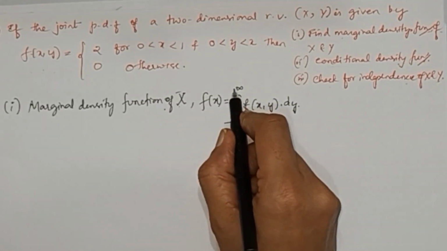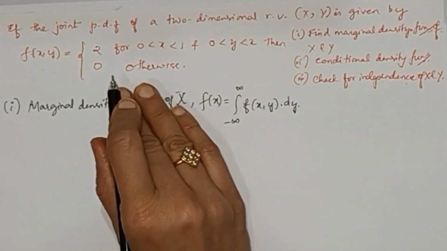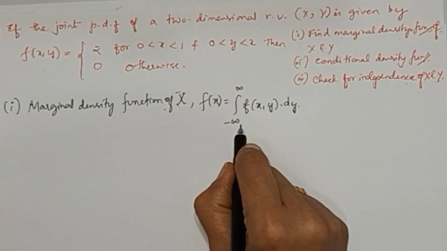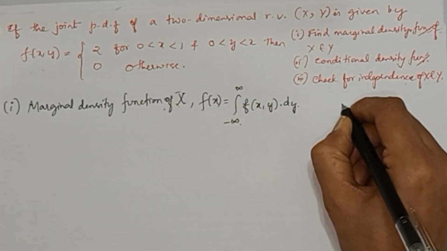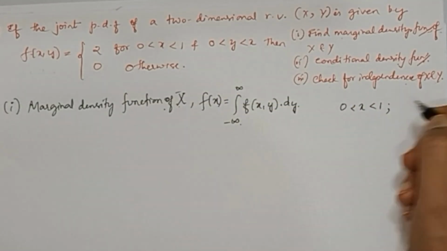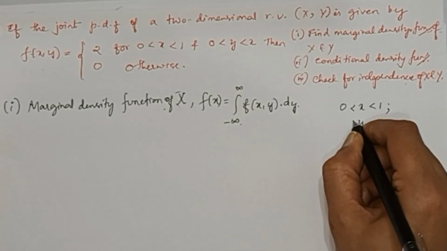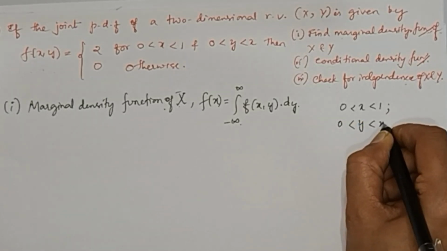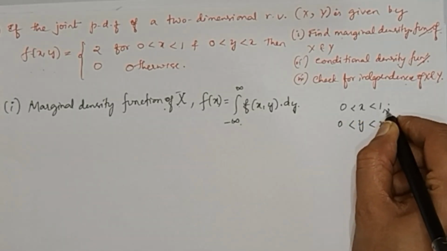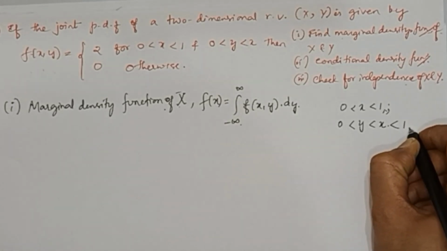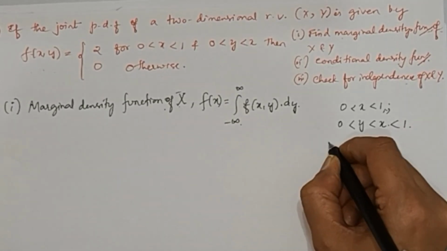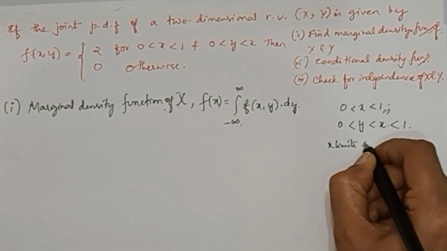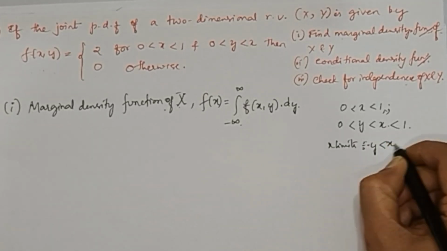I already told you in the previous problem, first you have to finalize the limits. How to finalize the limits? See here, x is greater than 0, less than 1, and y is greater than 0, less than x. But in turn, x is less than 1. Therefore, the x limits are greater than y, less than 1.